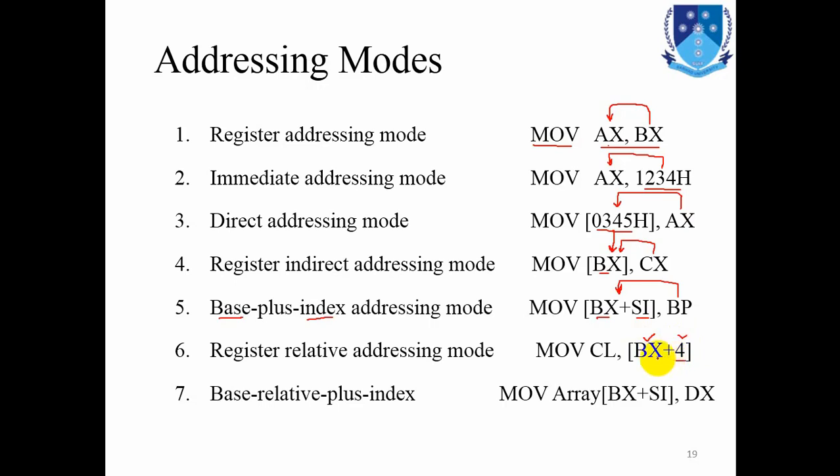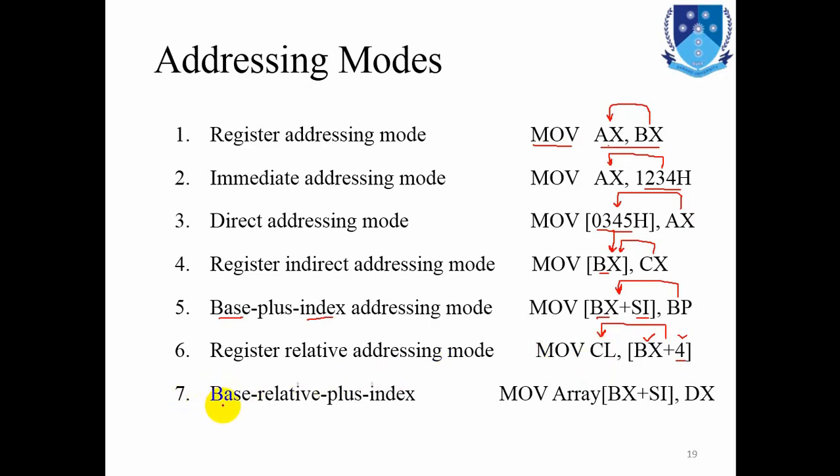Now the address of the memory location is actually the sum of the contents of the BX register and the number 4. So according to this instruction, after accessing that memory location represented by this address, the contents will be moved or transferred into CL, the lower byte of the counter register.